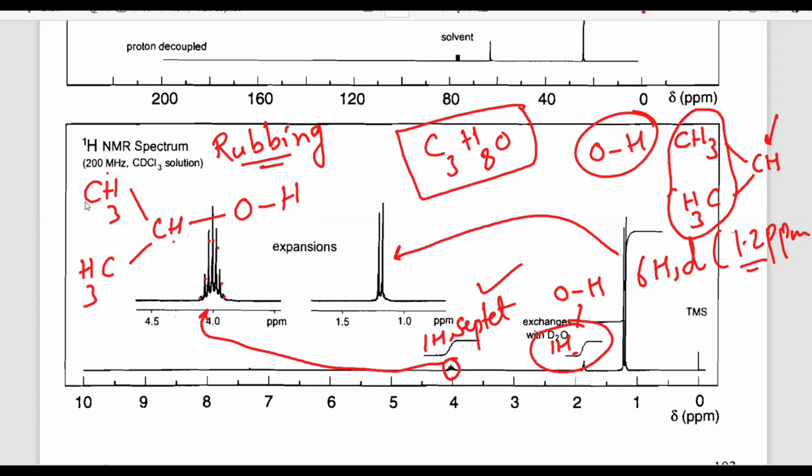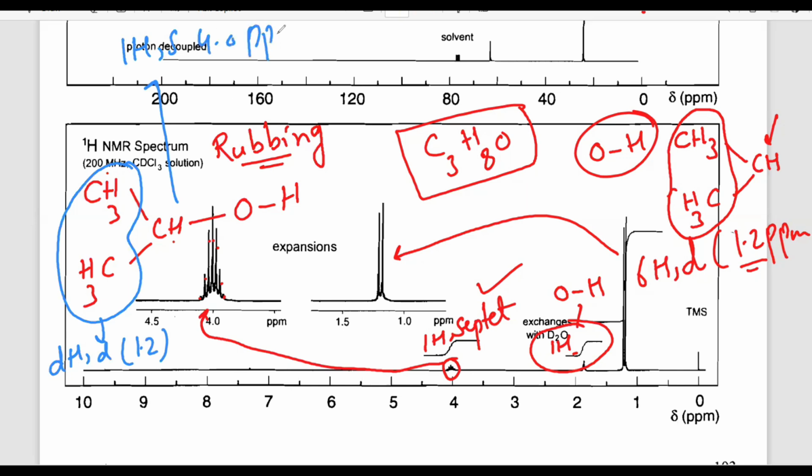So these 6 hydrogens give a doublet, 6 hydrogen doublet, ppm 1.2. This is the 1 proton septet, and its ppm is over here, written as 4.0 ppm.